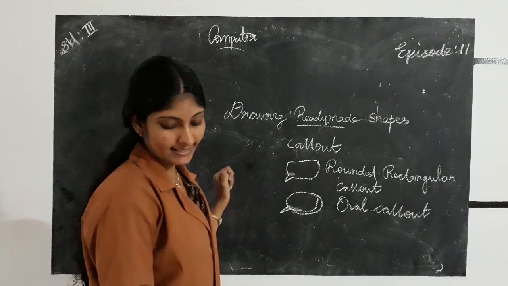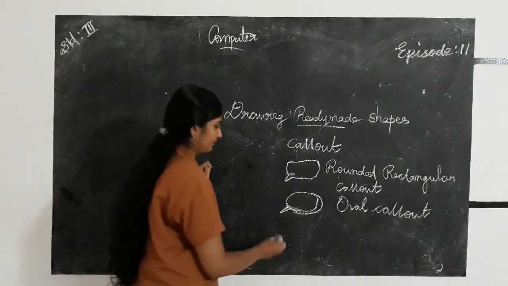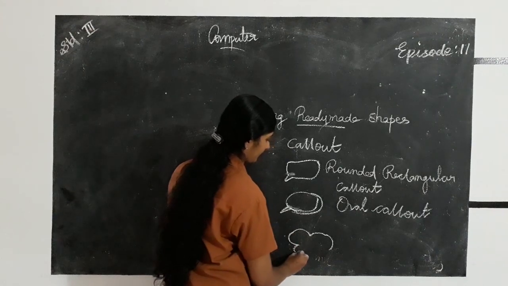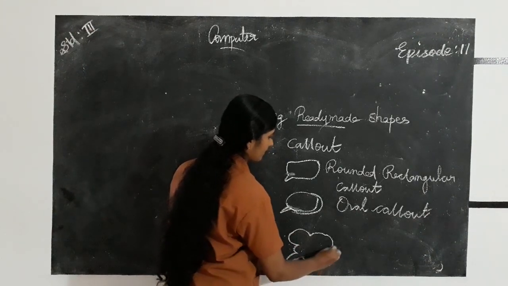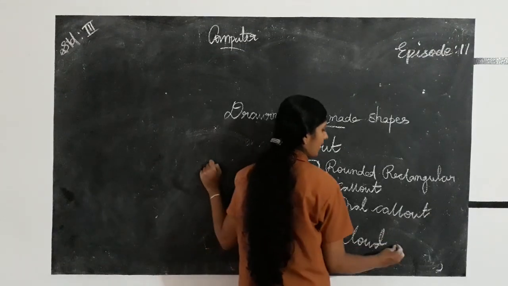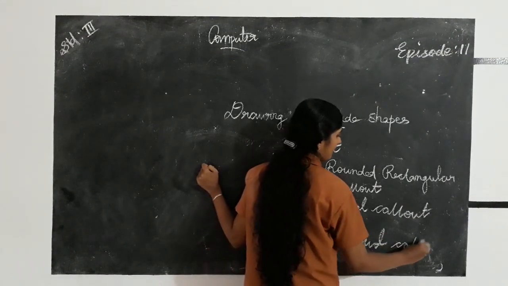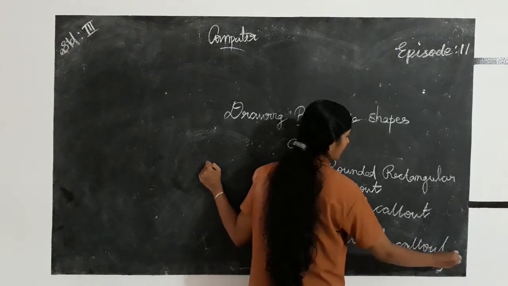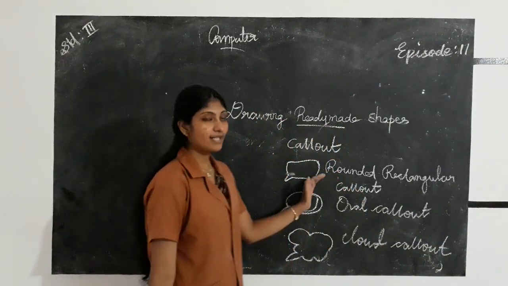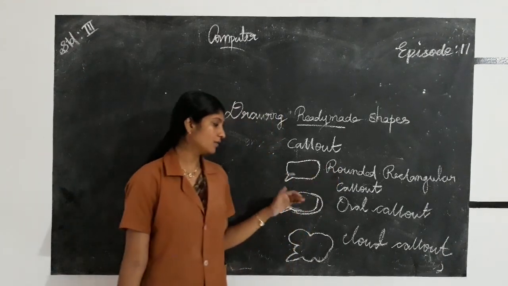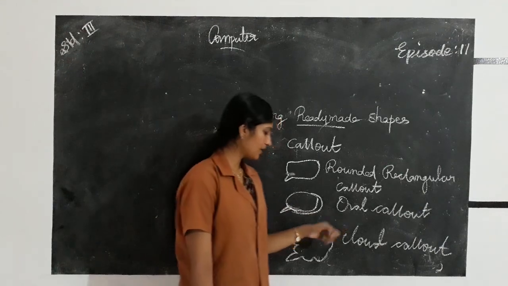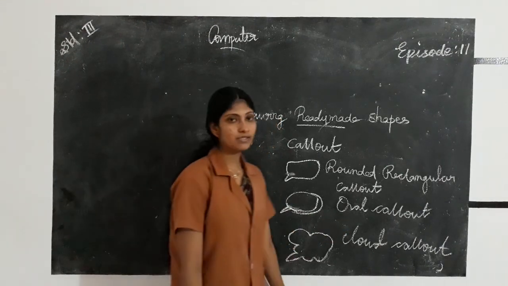The next is cloud call out. C-L-O-U-D, cloud call out. C-A-L-L-O-U-T, cloud call out. So call out contain 3 shapes: rounded rectangular call out, then oval call out, and cloud call out.